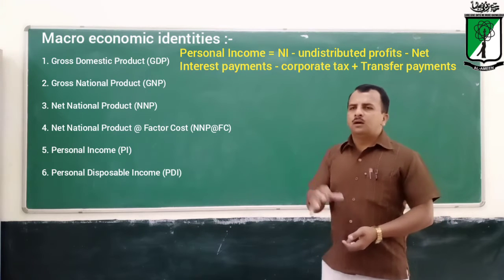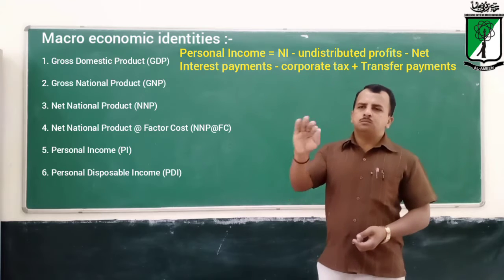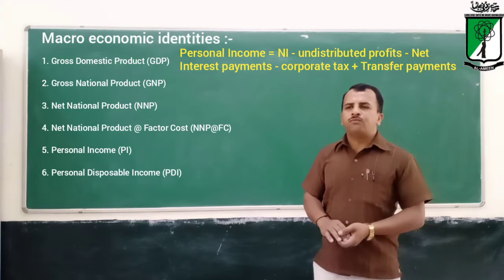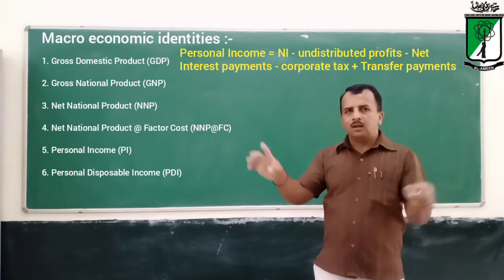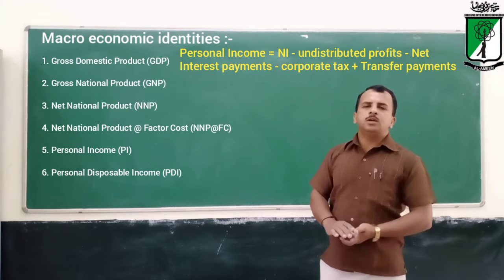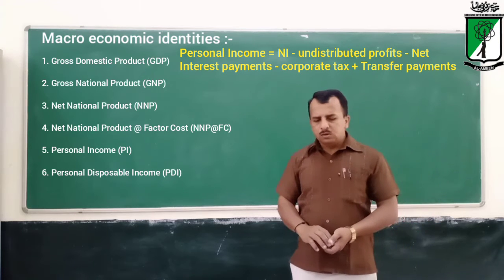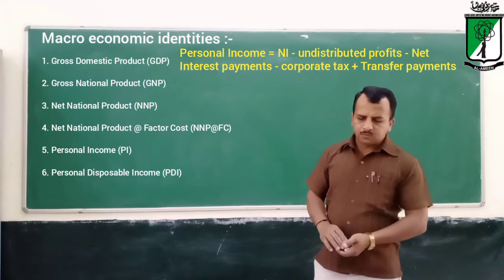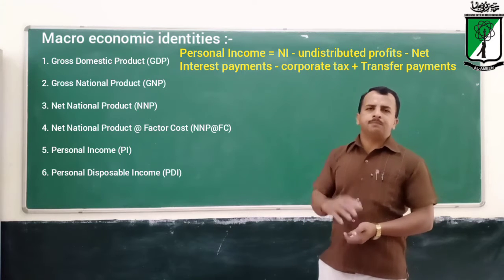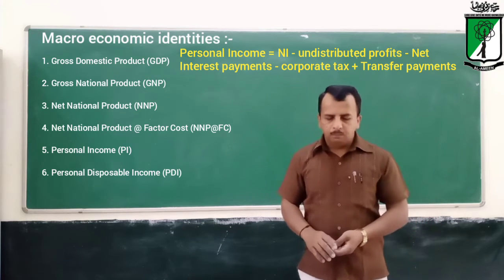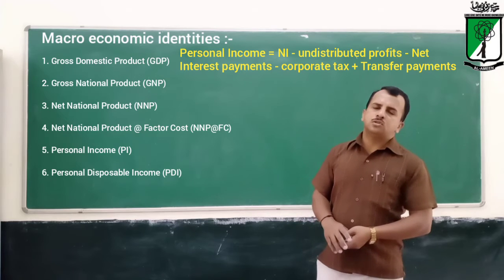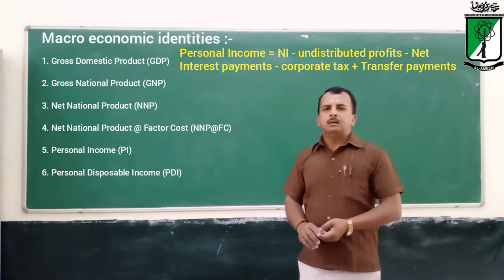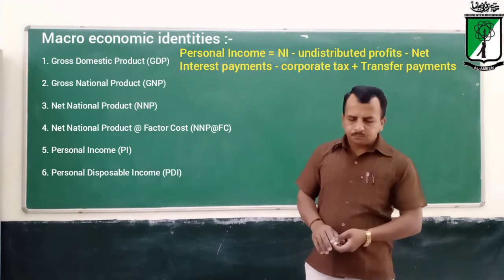A firm needs to first minus undistributed profit from its overall income, and also the net interest to be paid by the firm should be minused.